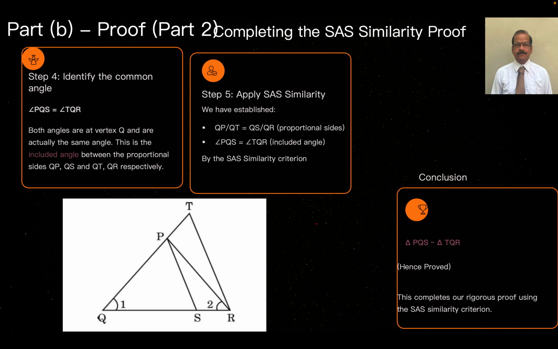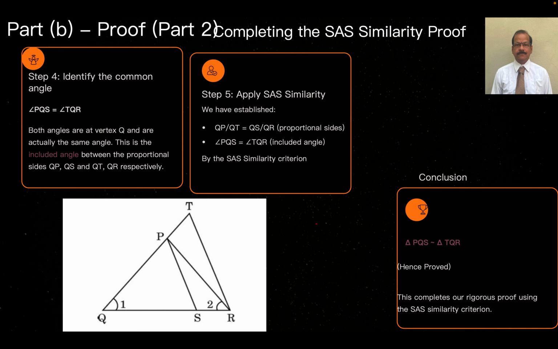Identify the common angle. Okay, there is a common angle given. Identify the common angle: PQS and TQR. These two angles are equal. Yes, these two angles are equal.